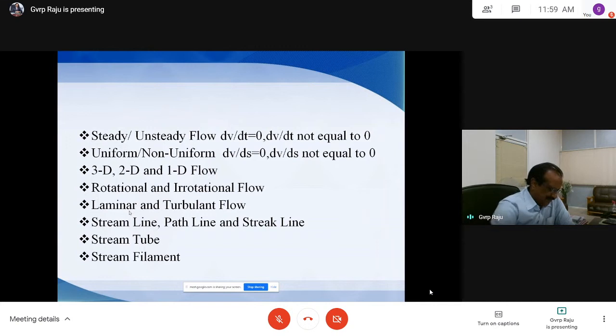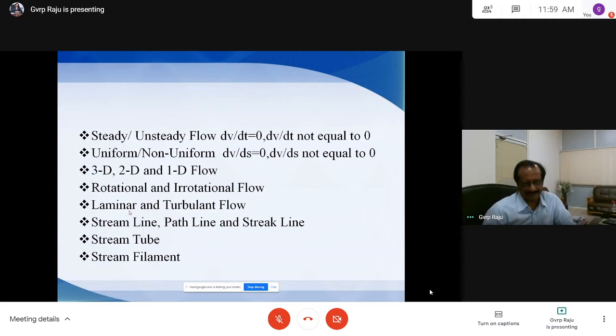In other words, it gives the direction of velocity of a number of fluid particles at a particular time. Any point on a streamline, if you draw a tangent, gives the direction of velocity.